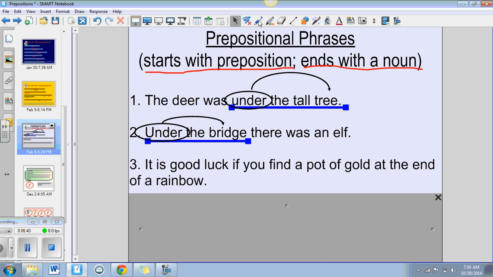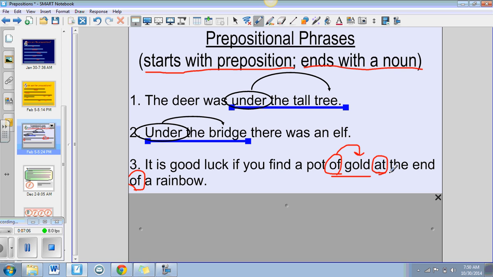We already said that the word of was a preposition, the word at was the preposition, and then the word of was the preposition here. Can you now identify the three prepositional phrases? If you said of gold, then that's correct for your first prepositional phrase.